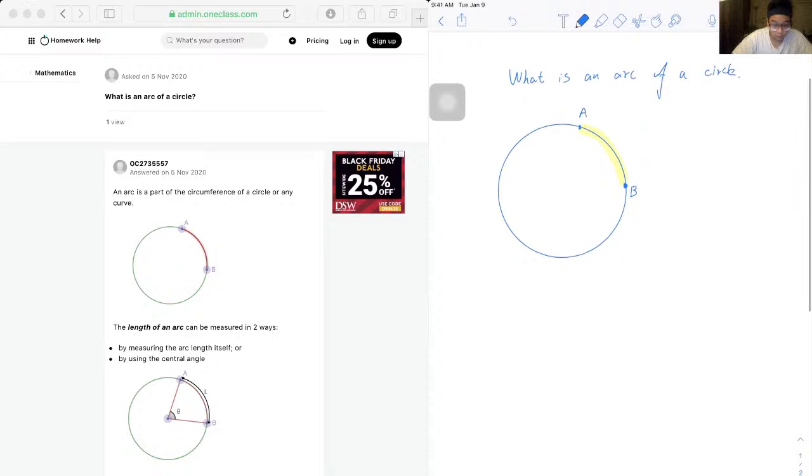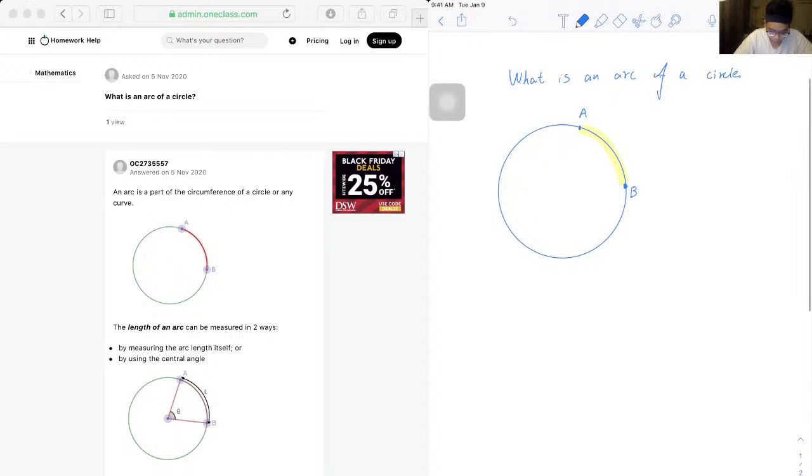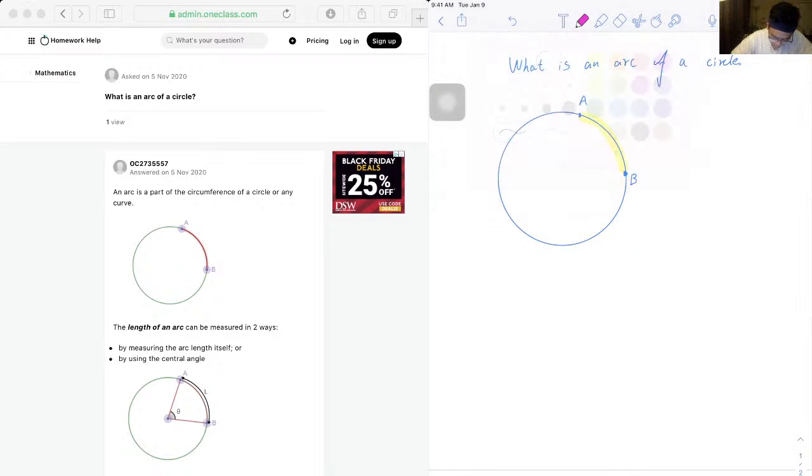Okay. So AB will be the arc of the circle. And also you can see it's a part of the circumference. So let's write the definition down.